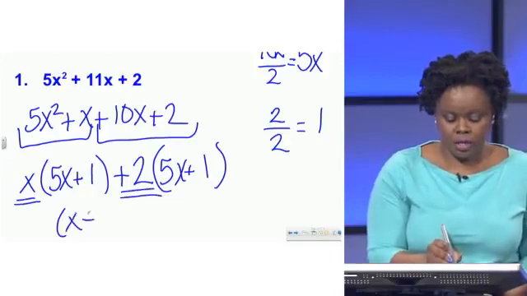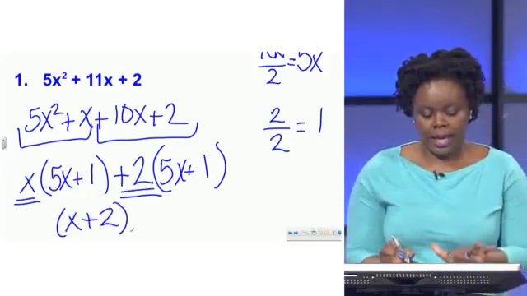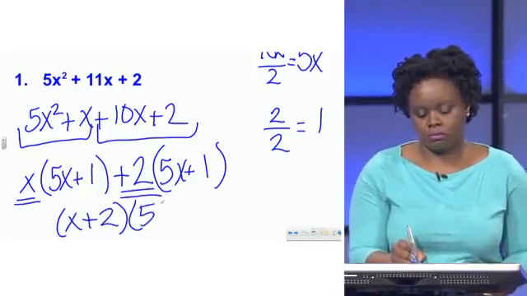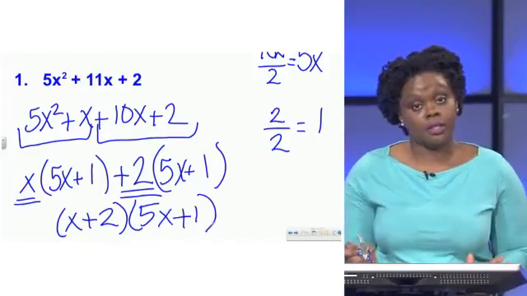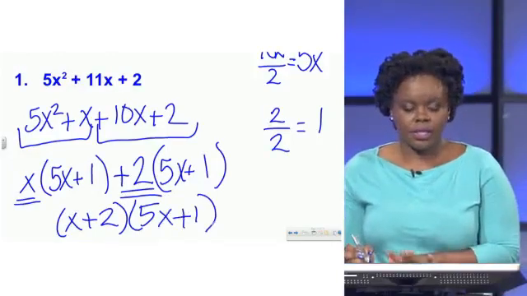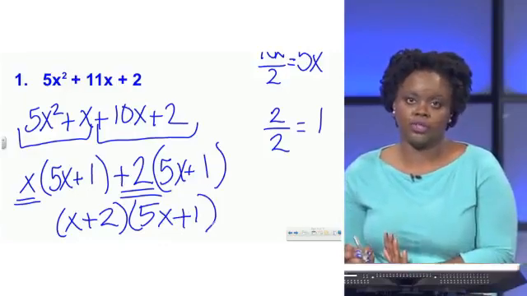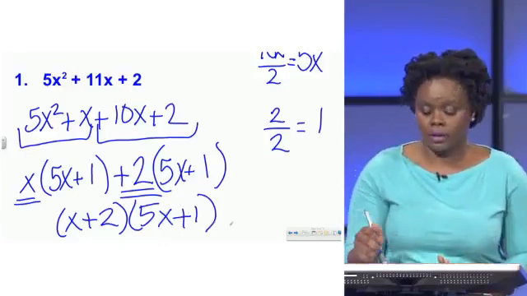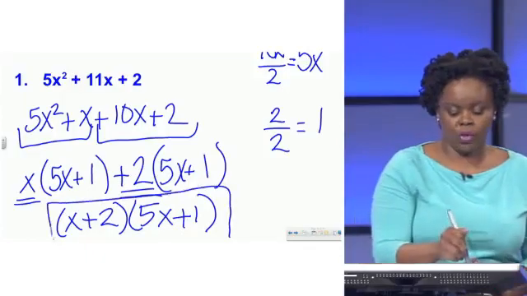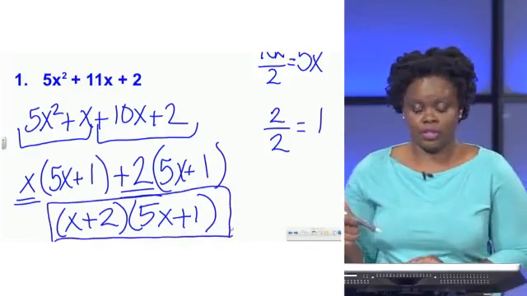So x plus 2. And then I have my 5x plus 1. And you're all done. Now, if you wrote these in another order, like if you wrote the 5x plus 1 first and the x plus 2 second, that's fine, because you can multiply in any order that you want. Commutative property says you can do that. So if your factors are reversed from mine, you're still right.